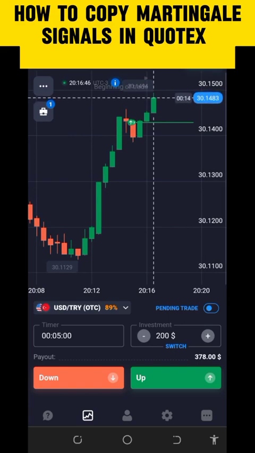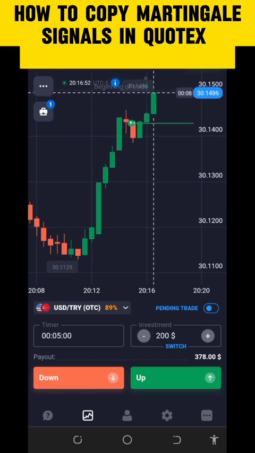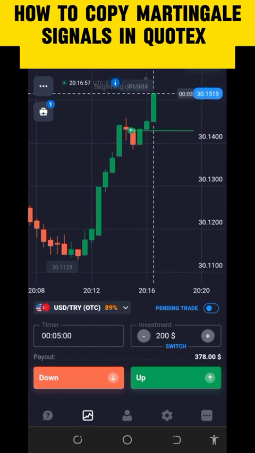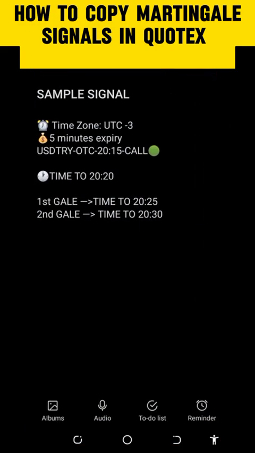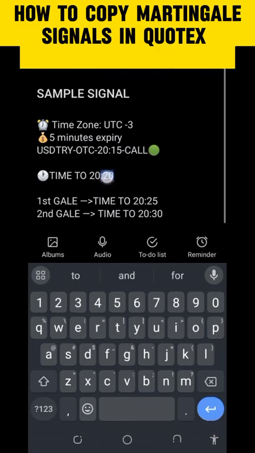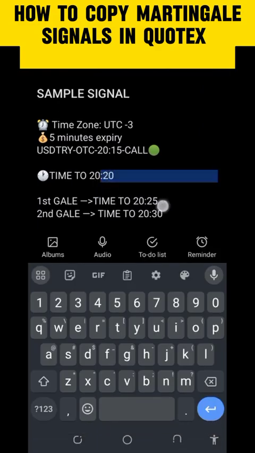The moment it is 2020, if you are losing in the main trade, you have to enter the girl one. So you can see that girl one is to 2025, which means it's going to start from this 2020, which is the ending of the first trade, and run till 2025.